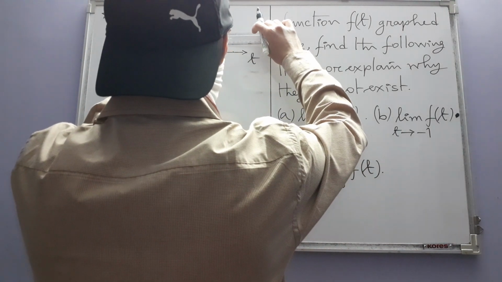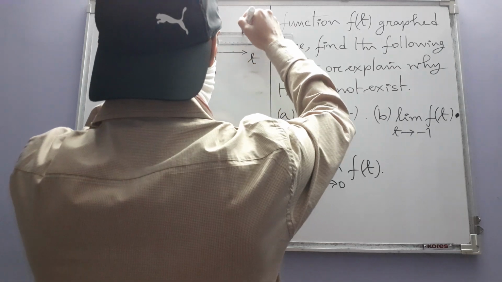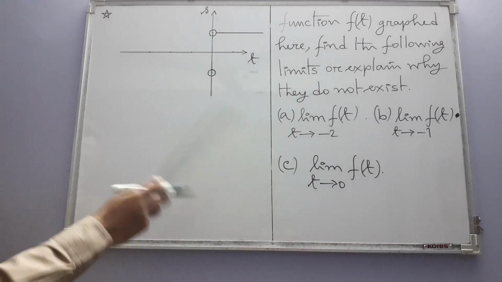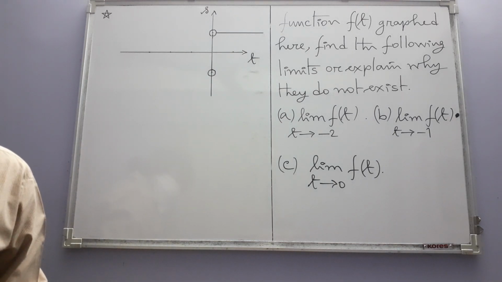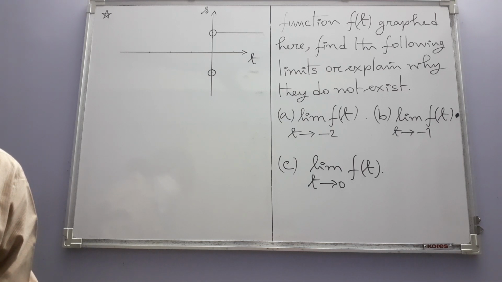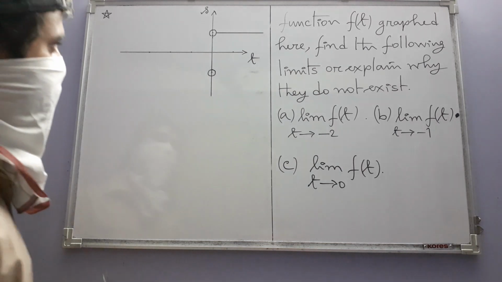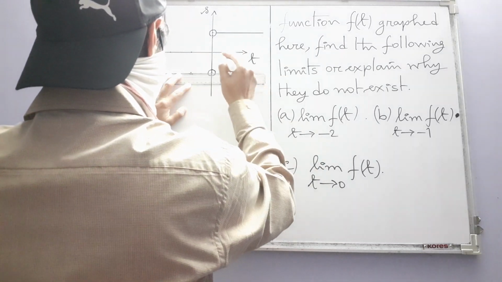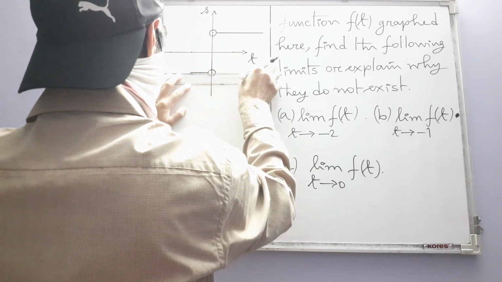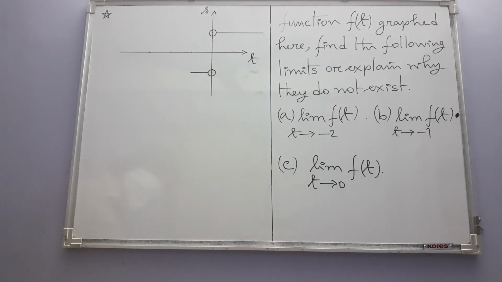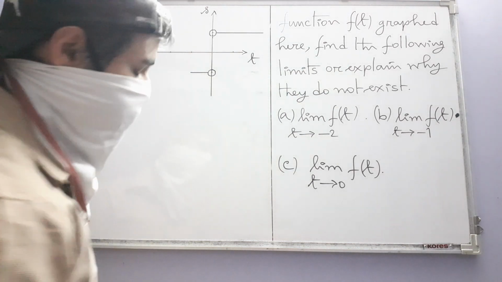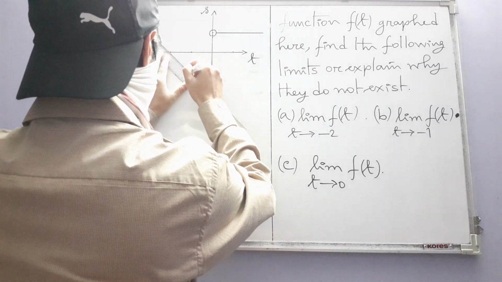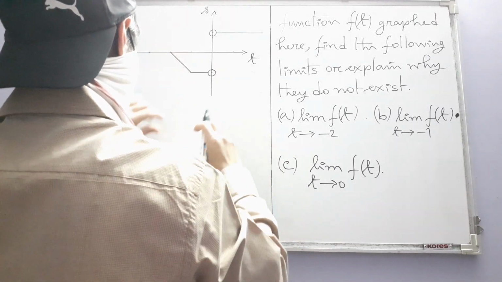So on the right side, the graph is this. I am making it quite big so that it can be seen easily. And on the left side, it reaches this point but does not reach this point, and then from there, where does it go? It goes to minus 2. Okay, and then it goes down.